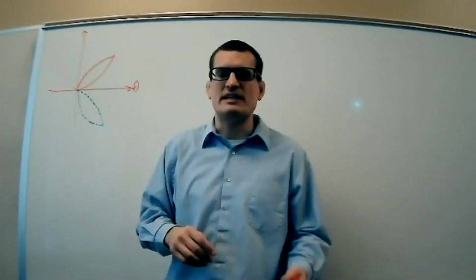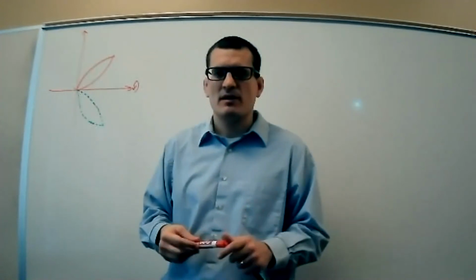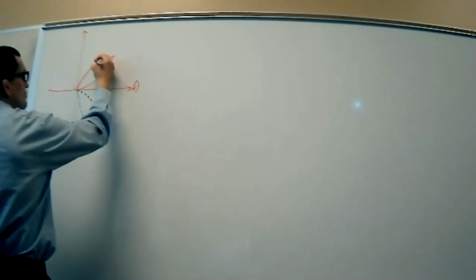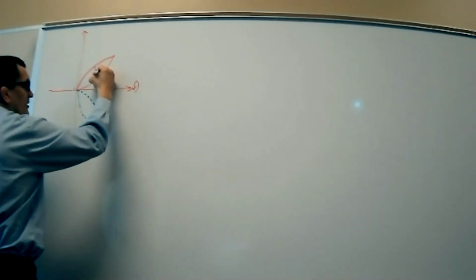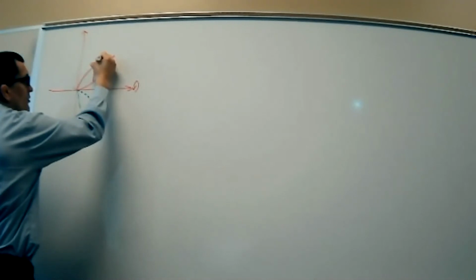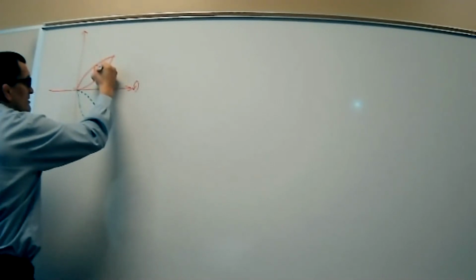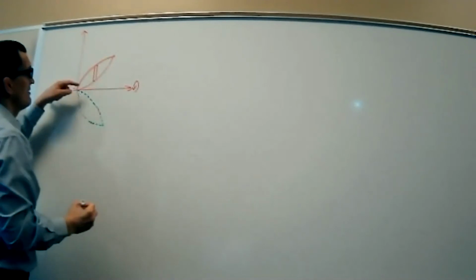Now, this creates an issue because when I try to do a disk method, the rectangle that I want to rotate does not go all the way down to the line I want to rotate it around.